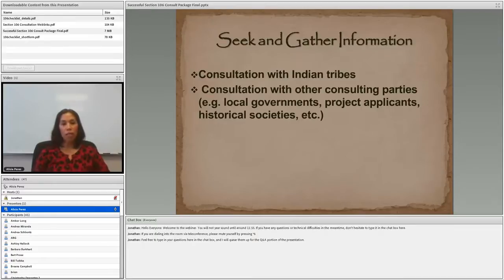And try not to leave the results of your consultation kind of hanging out there in space, so to speak. So if you've indicated that so-and-so asked to see a copy of the survey report, period, and you leave it like that, we definitely want to make sure that you did send the report and that they did or did not respond with comments. So just, again, don't leave anything kind of hanging out there.